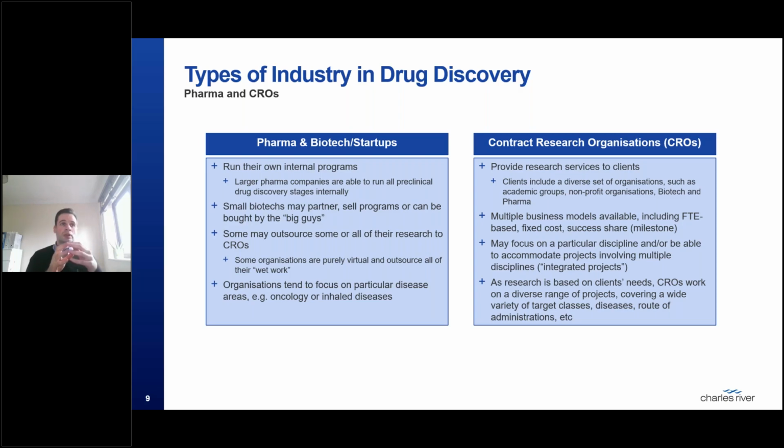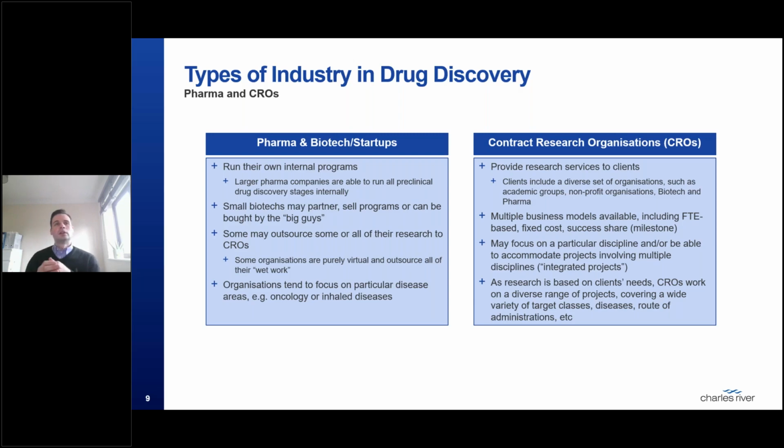Some may outsource some or all of their research to CROs, and there are organizations that are purely virtual and outsource all of their wet work to CROs. This type of organization tends to focus on particular disease areas. Bigger pharma companies may have a set of departments focusing on particular disease areas, for example, oncology or inhaled diseases.